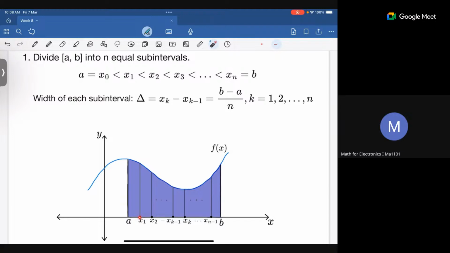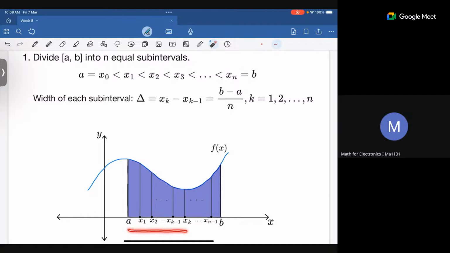So like this, I will choose x1, x2, x3, x4, and so on, xk minus 1, xk, and so on, xn minus 1. So I will introduce these points. And here we will equally divide every interval. So the length of this and the length of the next interval are all the same.